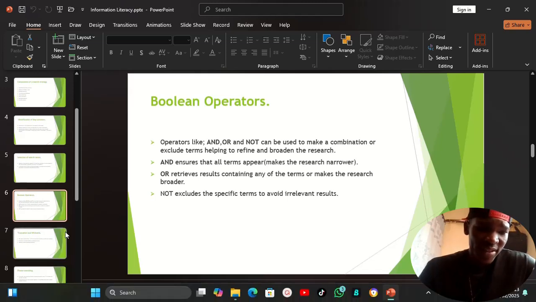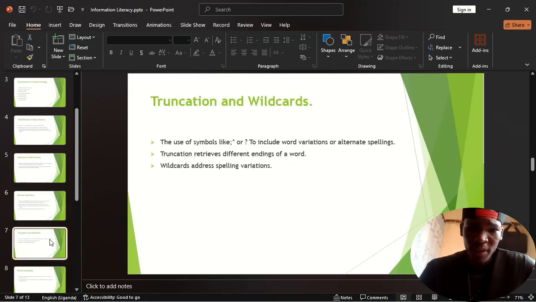We shall go to the next topic, which is truncation and wildcards. Here we use symbols like the star, or a question mark, which is also a symbol, to include word variations or alternate spellings.